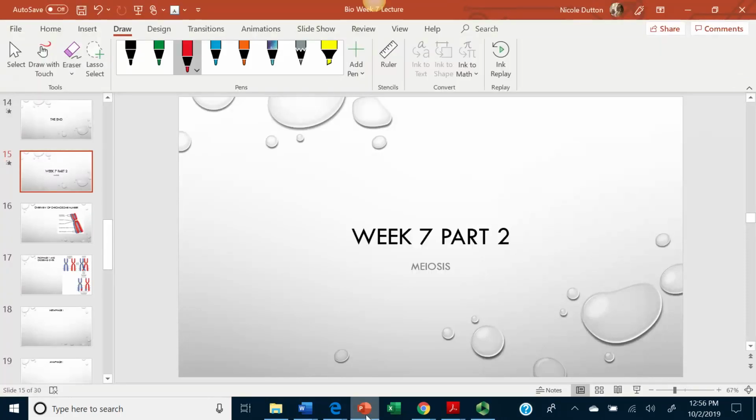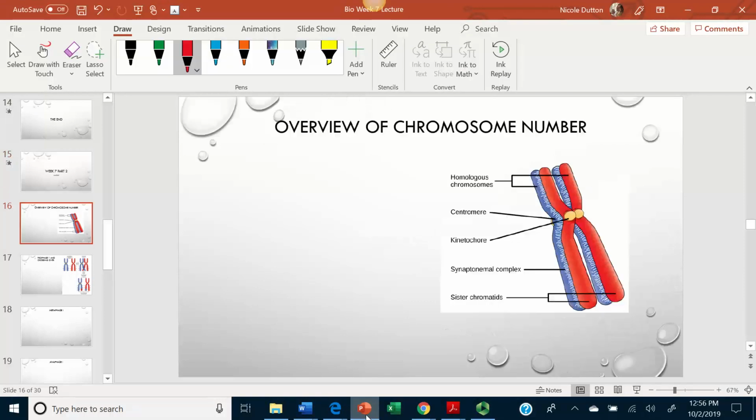This next section is going to focus on meiosis. So if you recall from mitosis, mitosis is when we took a normal cell with 46 chromosomes, we replicated the chromosome number to 92 chromosomes, and then we split that cell in half so that each daughter cell had 46 chromosomes.